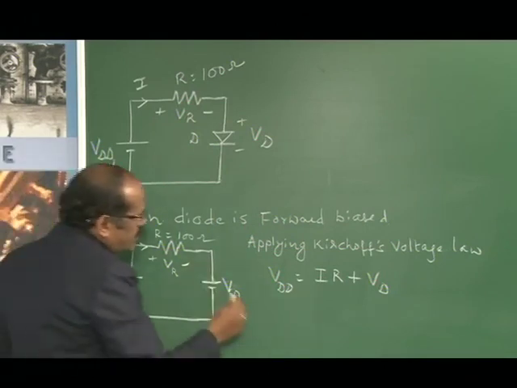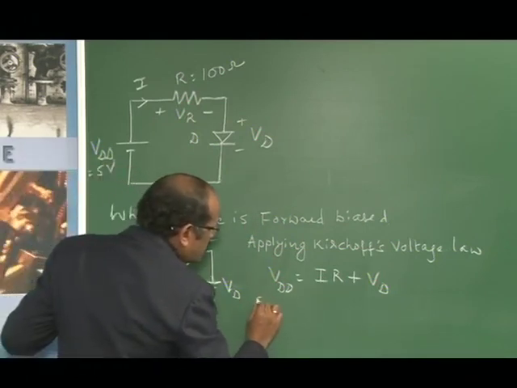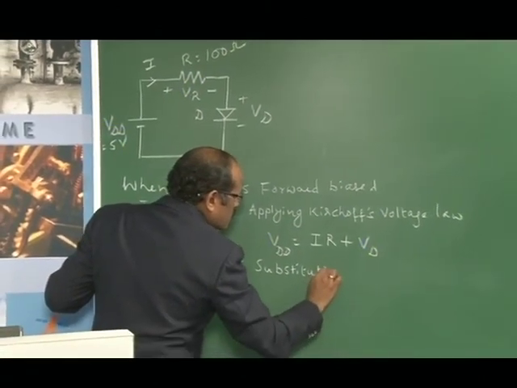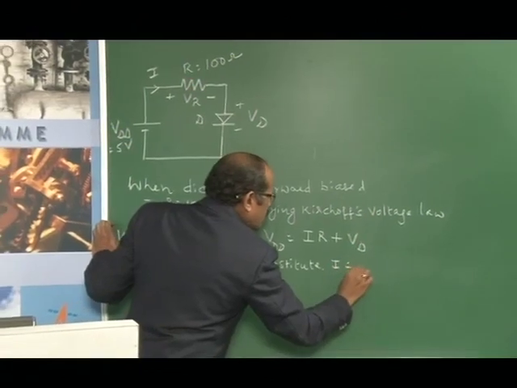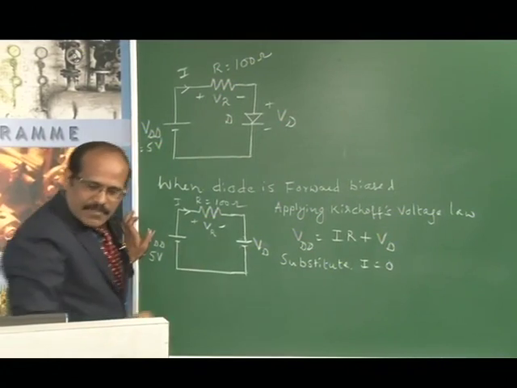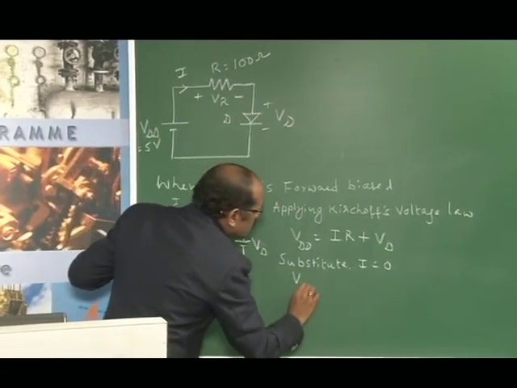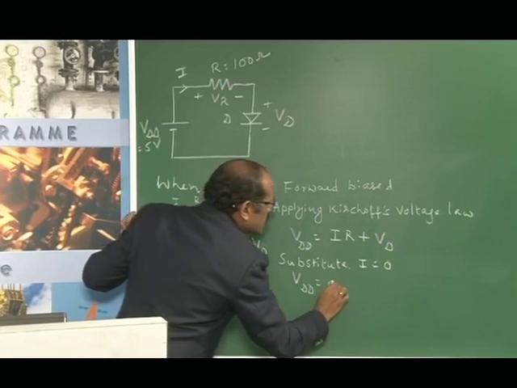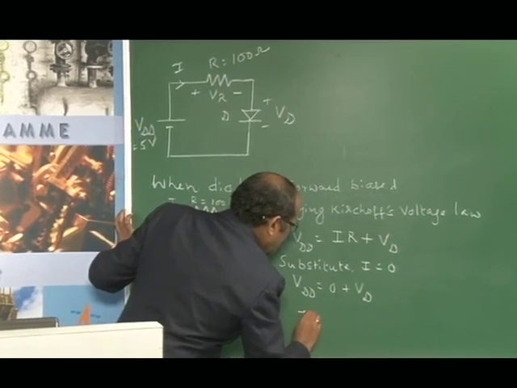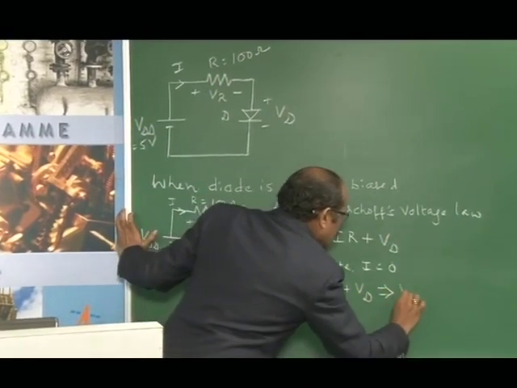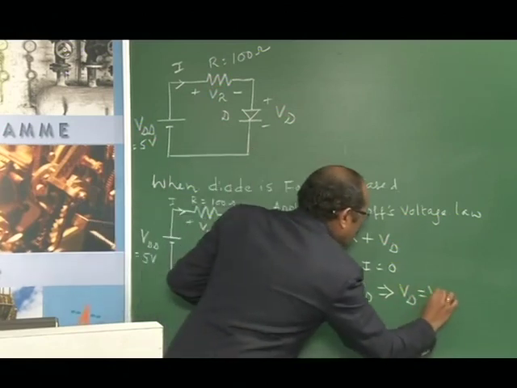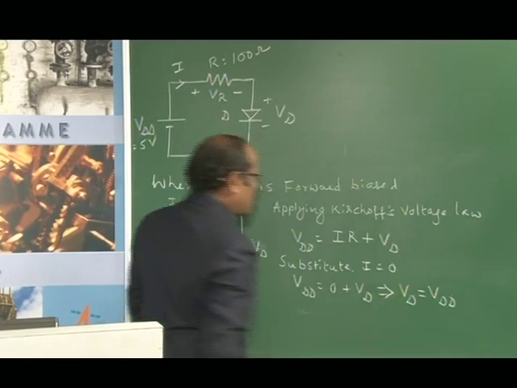First, to get a straight line, what we do is substitute I equal to 0. When you substitute I equal to 0, we get VDD equal to 0 plus VD, and therefore VD, the voltage drop across the diode, will be equal to VDD.